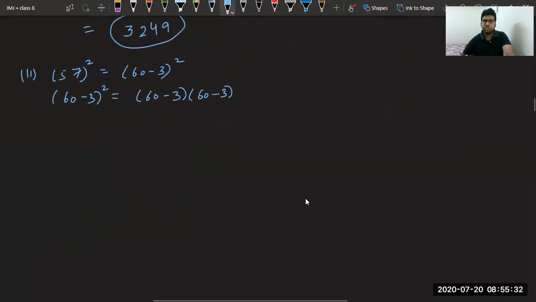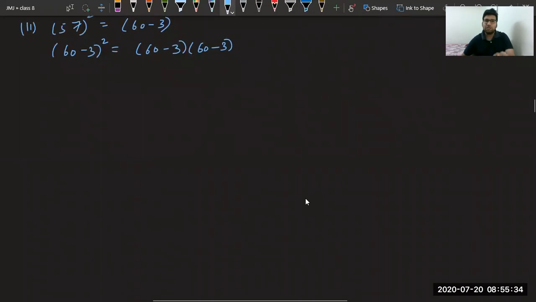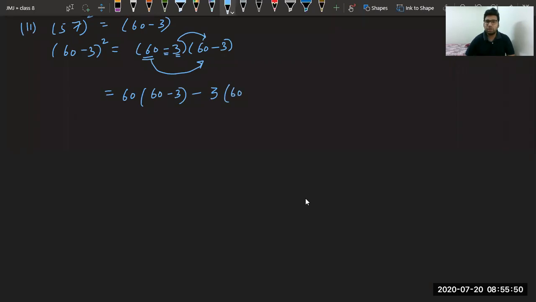Now, same procedure. We will take the first number, that is 60, into the second bracket. So 60 into 60 minus 3. Then we have a minus sign. So minus sign will come. Then 3 will come into the bracket. Very simple. Now take care.